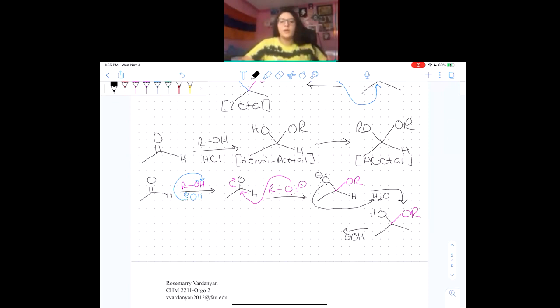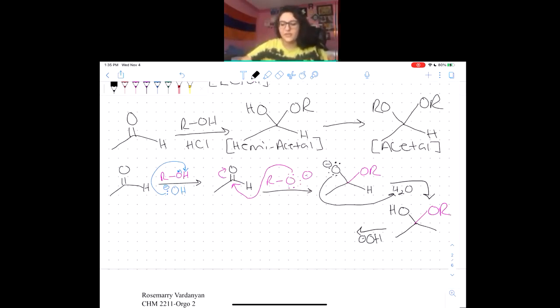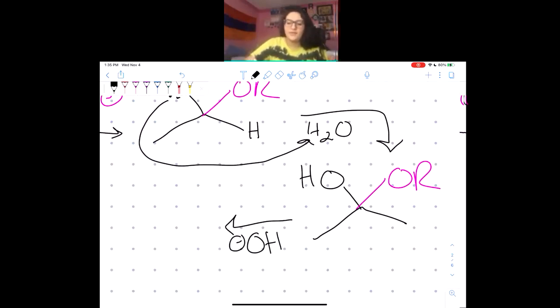So we can no longer do this next step to kind of do a second reaction, because there's no way to make this OH a good leaving group, because we just have our base as a catalyst.